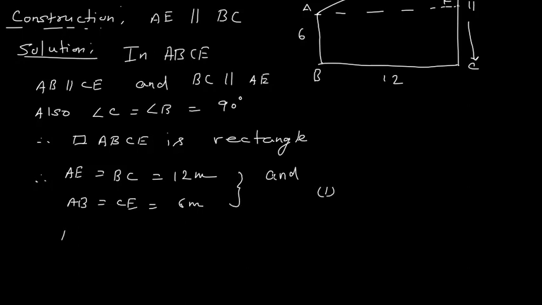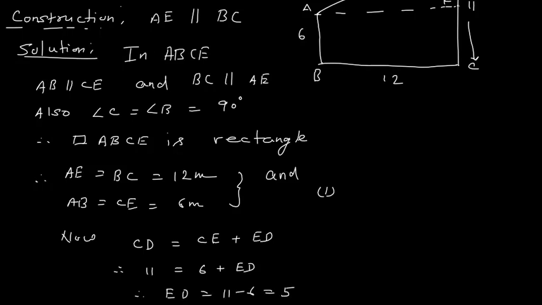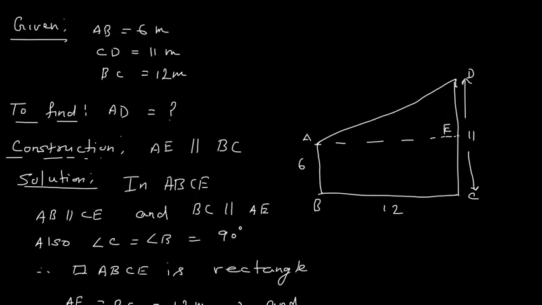Now this CD is equals to CE plus AD. Therefore total length of CD is 11 is equals to, now the length of CE is 6 plus length of AD. So this gives me the value of AD as 11 minus 6 is equals to 5. So the value of ED I got 5.